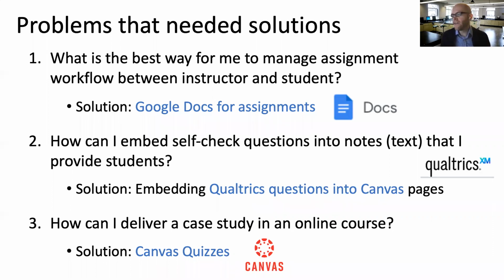And so I figured out just last semester that you could embed Qualtrics quizzes or questions into a page in Canvas, and then the students can check how well they're understanding some content by seeing whether they can answer some questions using Qualtrics. So I'll talk about how I did that also.